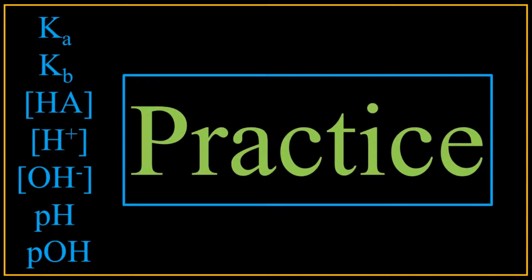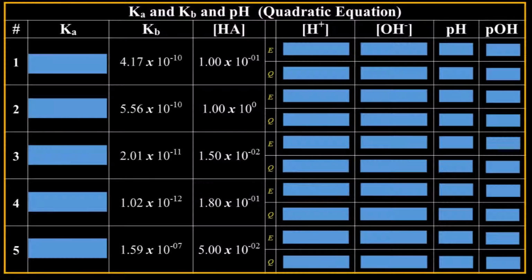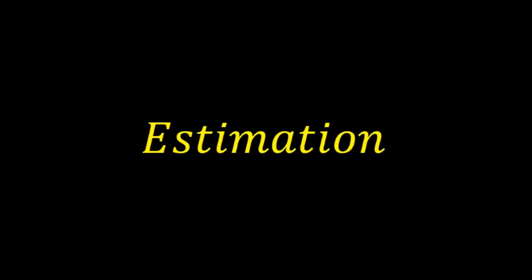Now, the Ka for the first one is solved using the equations that you were given, and there's Ha and Kb, and so you would use the values to calculate the Ka. The first one we'll do is E, the estimation, and then we'll do Q using the quadratic or the exact value.